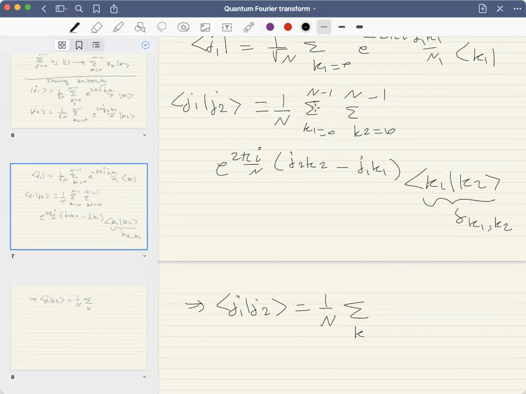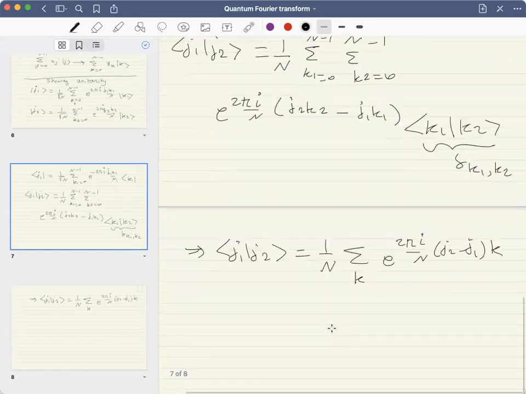So suppose I'm doing the sum over k2, then for each of the k1s, there's only one value of k2 equal to k1 where this term is not 0. So that reduces the double sum to a single sum. And then here I get e to the 2 pi i over n, j2 minus j1 times k. So these are the same, so I factor that.